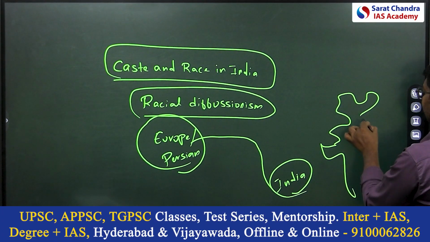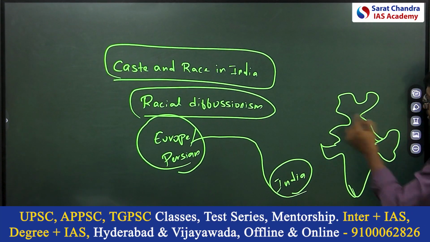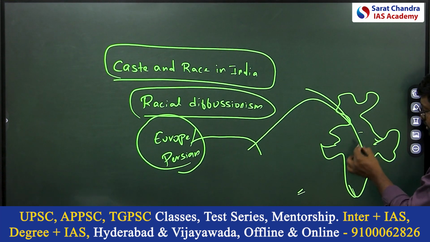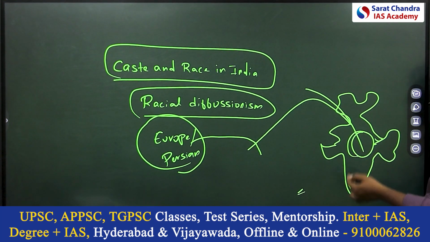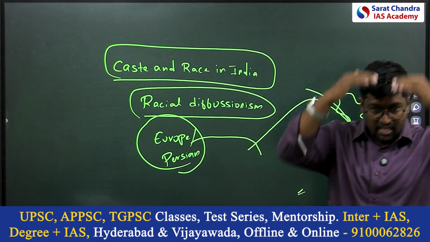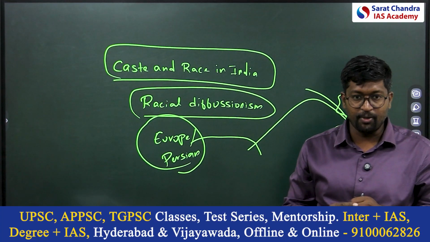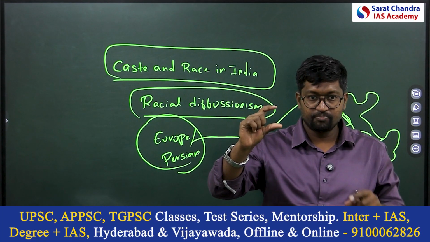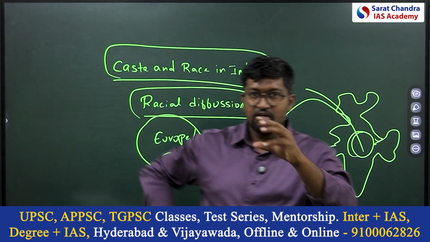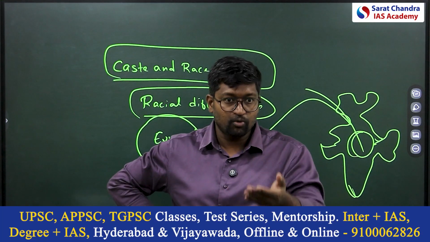In India, there are original inhabitants, people who are living in India originally. These Aryans came to India and occupied domination over the subordinated people. Now, don't you think it is rulers versus masses? Sometimes masses will also become rulers.